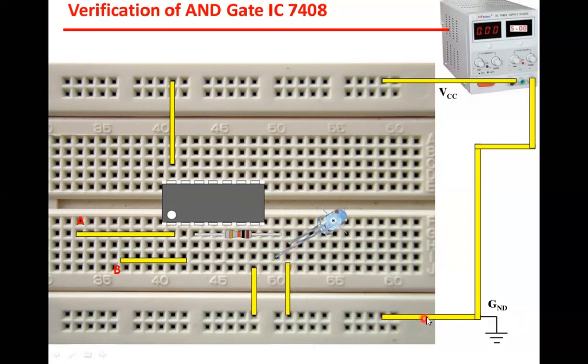This is how we have given a ground. And because this is the 7 and this is the 14, 14 should be connected to the positive polarity. So from here we have taken a wire and connected over here, and to this we have connected a source. So this is a source, this is plus, and this is minus. So this is how it works. We are using an IC 7408.